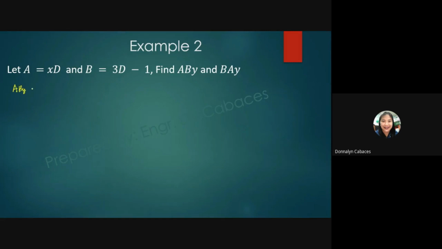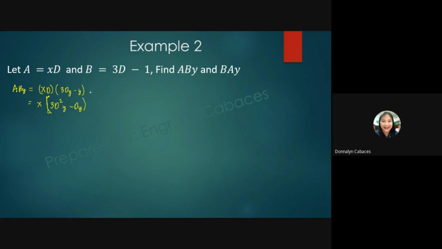So ABy. B is introduced to y. So you have xD, and your By now is 3Dy minus y. Okay? So we have here x, then you have the derivative of 3 times the first derivative, so that is 3 times the second derivative of y, minus the derivative of y.